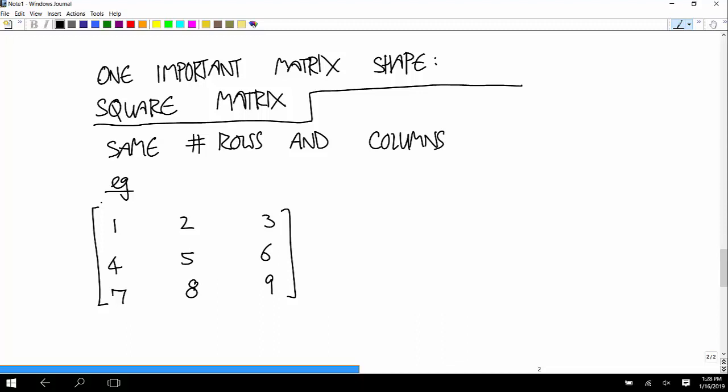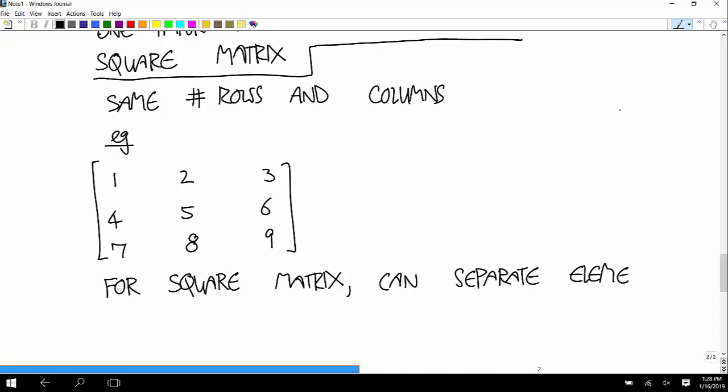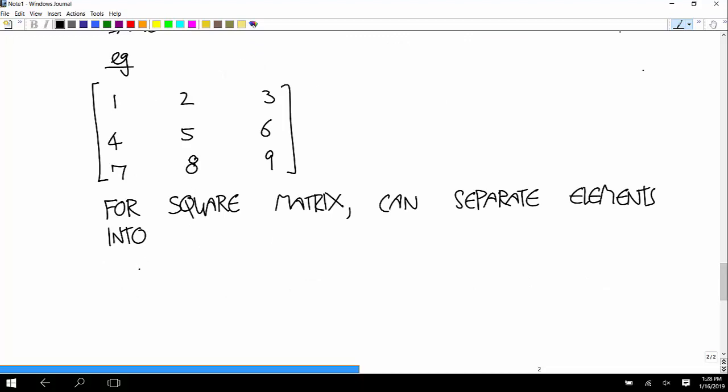And every square matrix we can separate into diagonal elements and off diagonal elements. So for a square matrix, not for other types of matrices, we can separate the elements into diagonal and off diagonal.